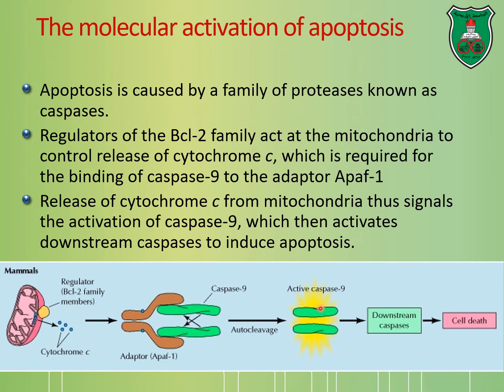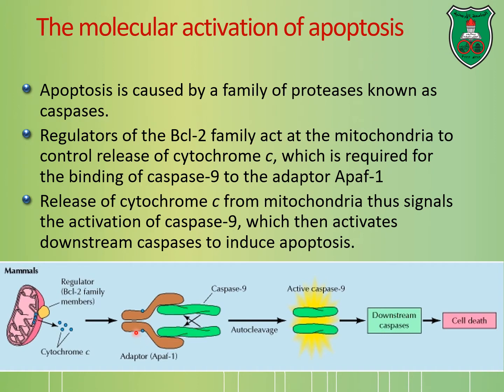Now caspase 9 gets activated by associating itself with an adapter protein known as APAF. Now this association between caspase 9 and APAF is facilitated when cytochrome C binds to APAF.